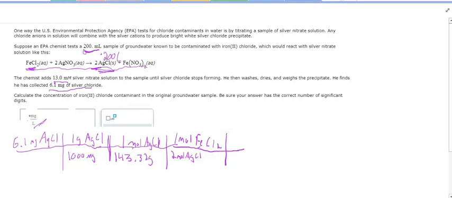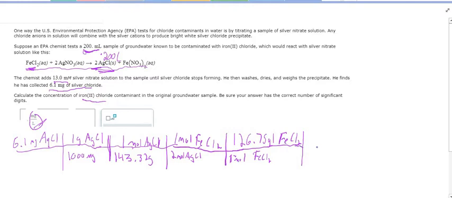It's asking for the concentration in milligrams per liter, so those are the units I need to get that iron 2 chloride in. So I need a molar mass of that. In 1 mole of iron 2 chloride, there are 126.75 grams of iron 2 chloride.